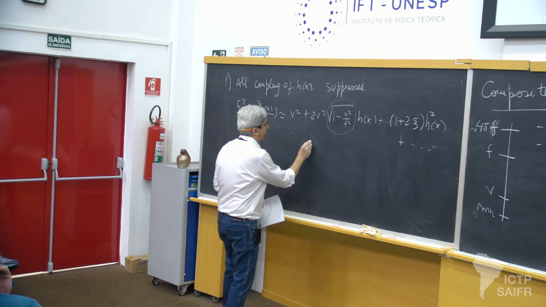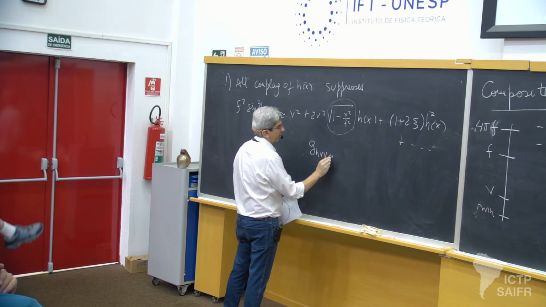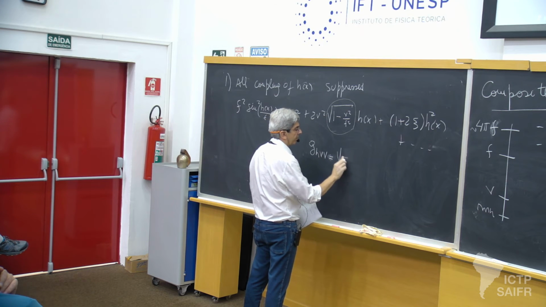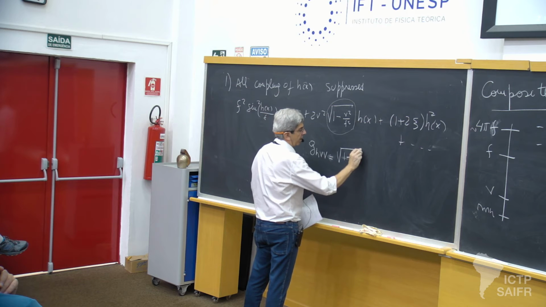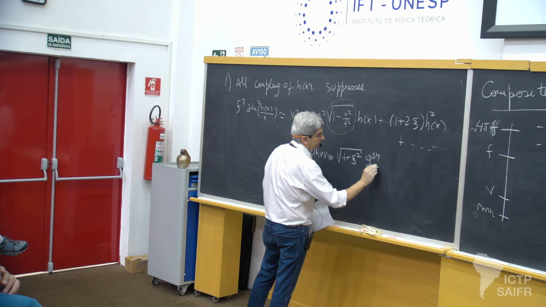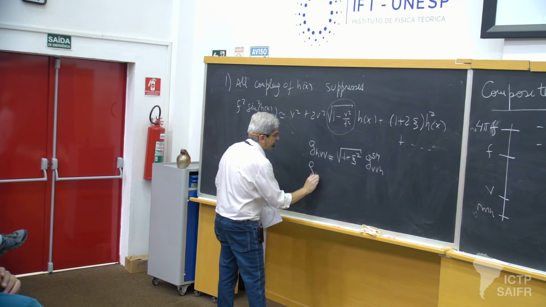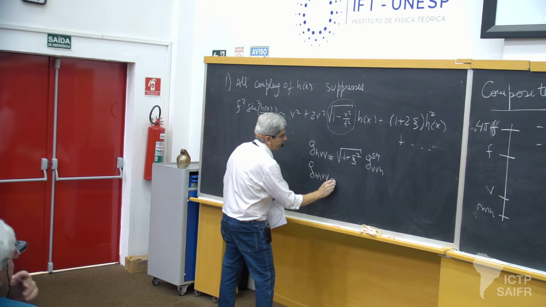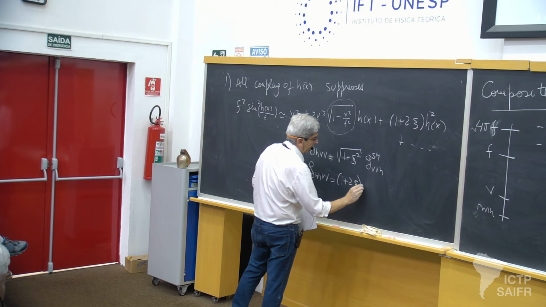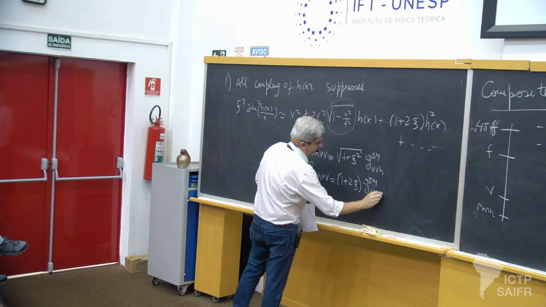In particular, for example, the coupling of h to a vector boson goes like 1 minus psi squared times the Standard Model coupling. And the coupling of hh to vector bosons goes like 1 plus 2 psi times the Standard Model coupling.